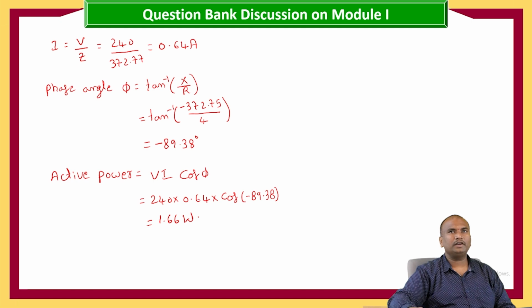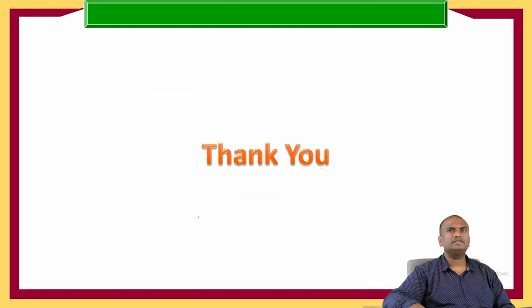This is the way we need to calculate the active power. With this, we have completed all the problems in the question bank for module 1, Introduction to Electrical Circuits.